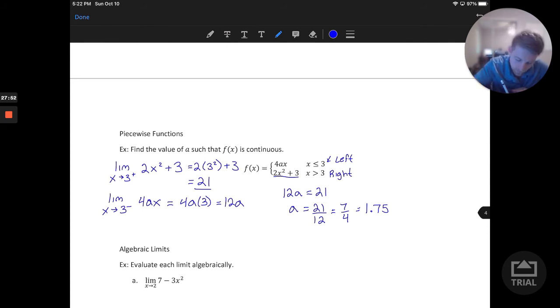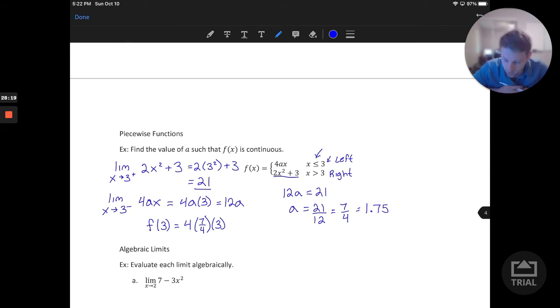So our functional value at 3 is determined by that first line, because that's where x is equal to 3 as well. And so if I looked at my functional value, just to double check that, f of 3, we'd be evaluating this at 4 times, this would be 7/4, and then times 3. So our a value is 7/4, and our x value is 3.